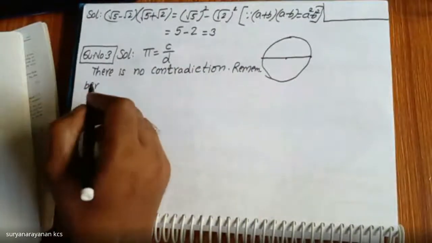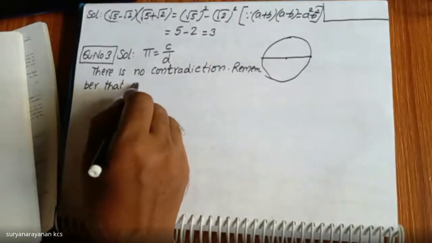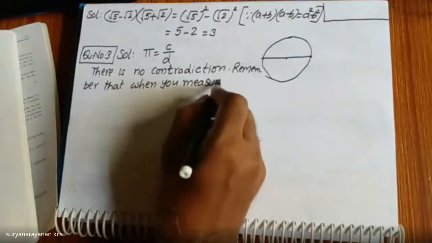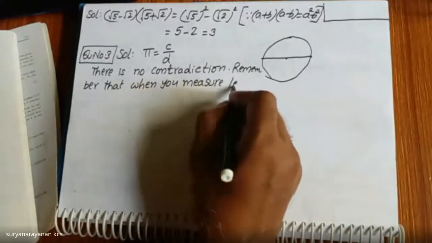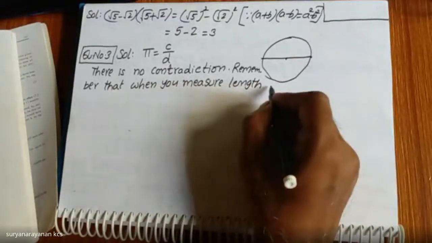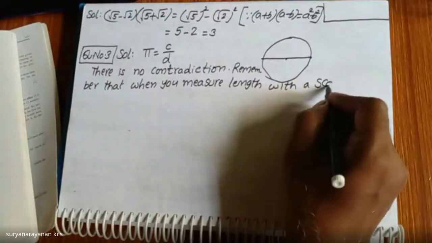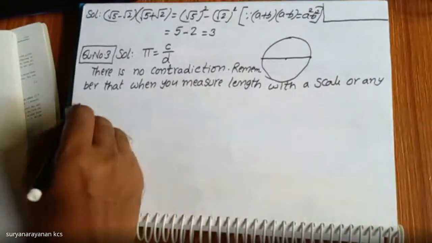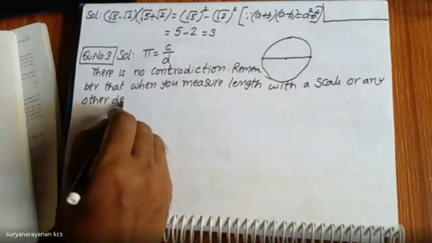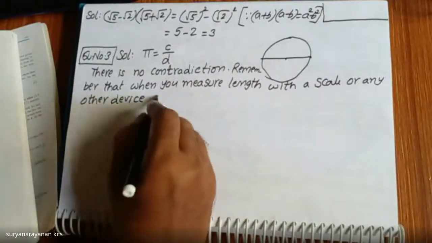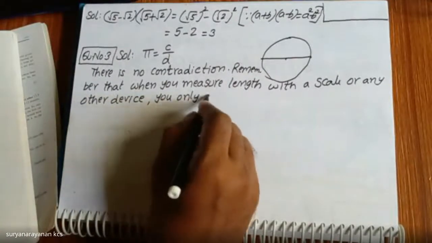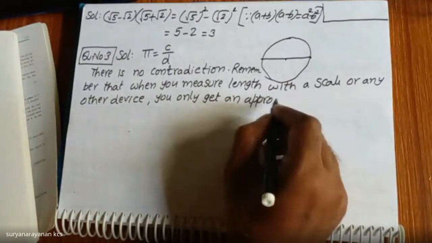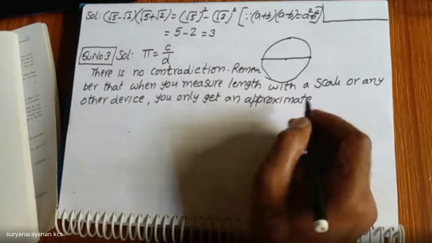Remember, when you measure length with a scale or any other device, you only get an approximate rational value.